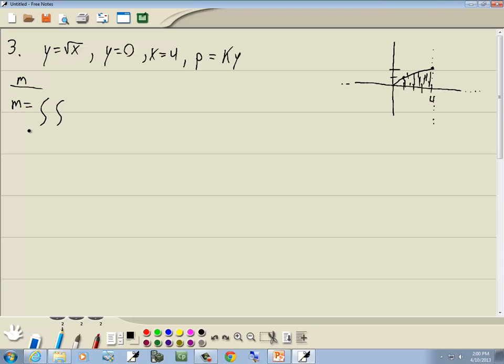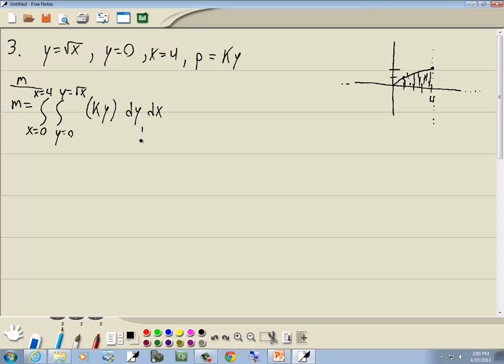If we look at our x values, that's going to be from 0 to 4. And our y values will be y is equal to 0 to y is equal to square root of x. Now remember, for your mass, I need rho in the middle. So I'm going to put my ky here. And then my inner integral symbol is y, so this is dy. And then my outer one is x, so this is dx.